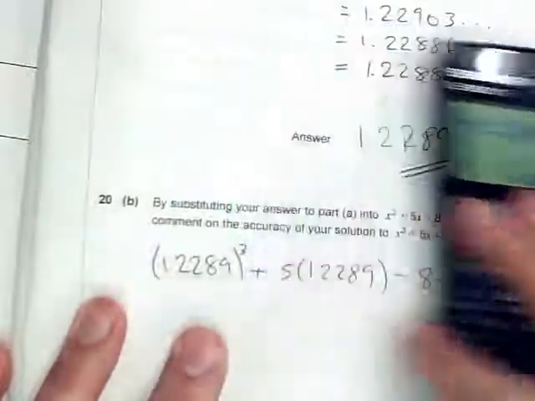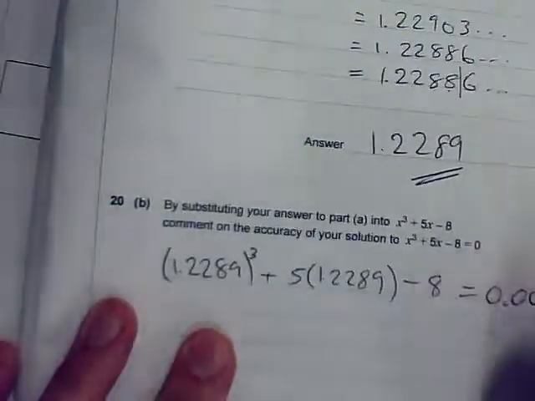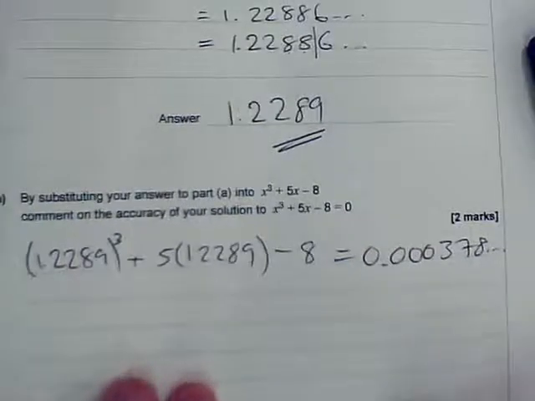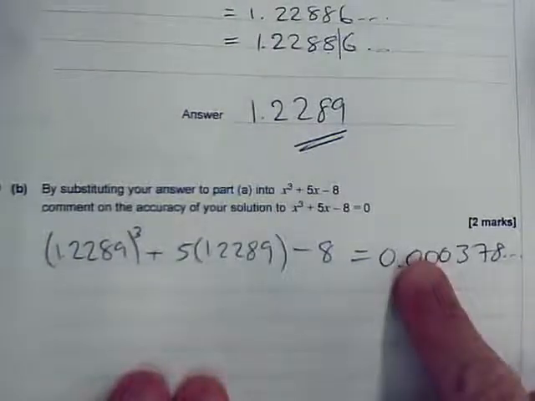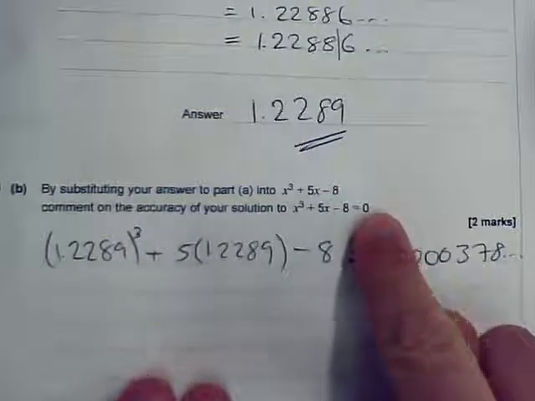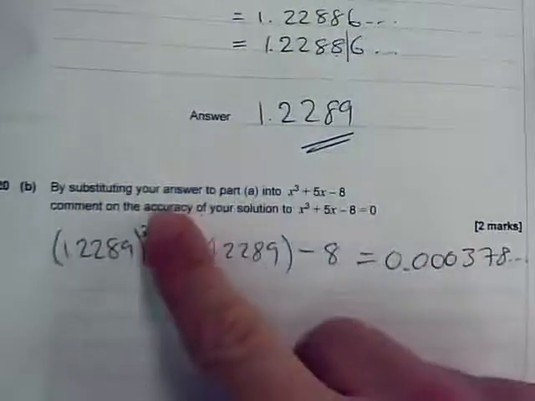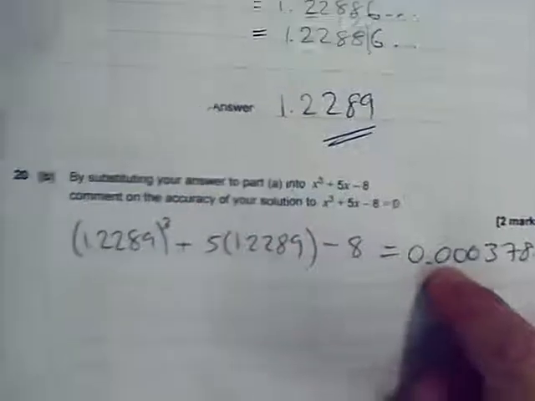I get 0.00378 and so on. Okay, and it says comment on the accuracy of your solution. Remember what we wanted it to equal was 0, so this value here is very close to 0, so I would say that my solution is very accurate.